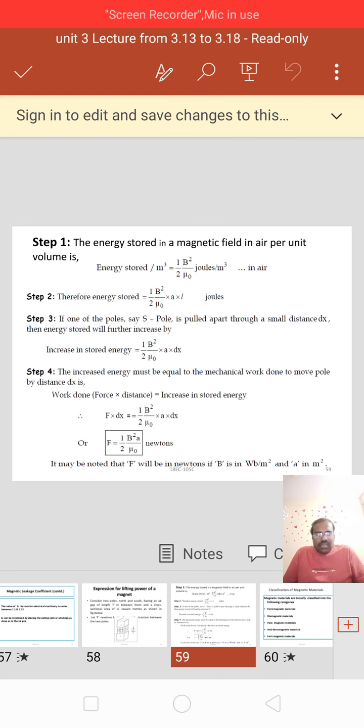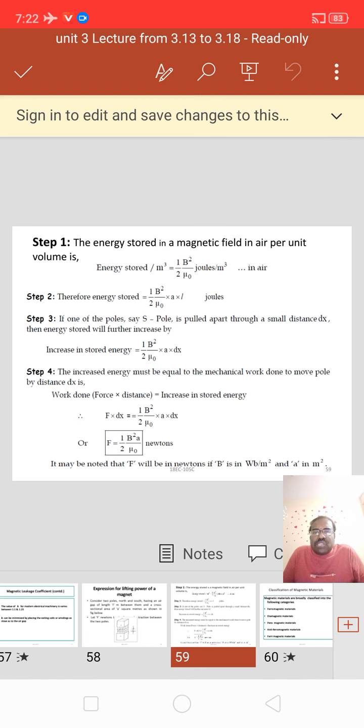Volume means length, breadth and height. So length is 1 meter, breadth is 1 meter and height is 1 meter, so the unit corresponds to meter cube. Therefore energy stored is half B square by mu naught into A into L joules.